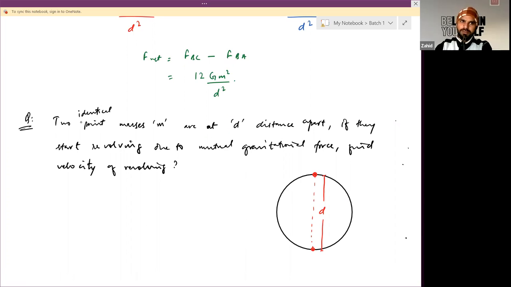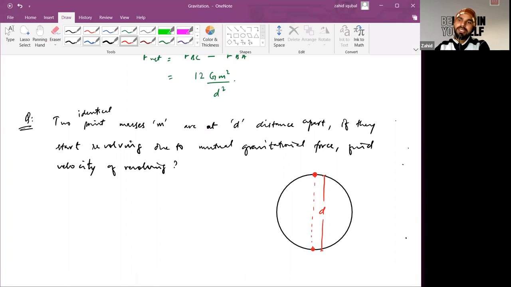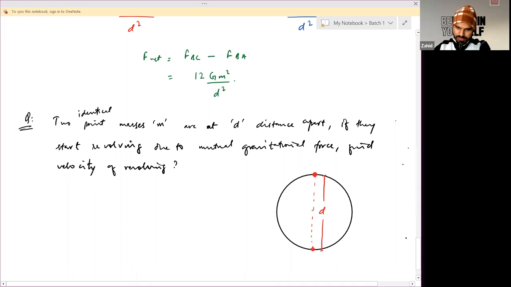To revolve a particular system, there should be some necessary centripetal force. First, this mass and this mass must be applying gravitational force between them. So there will be a force of gravity due to this point mass on this along this direction. And to revolve this particular system, there should be some necessary centrifugal force to balance this part. So equate these two forces for this point mass, you will get the velocity of revolution of the system.